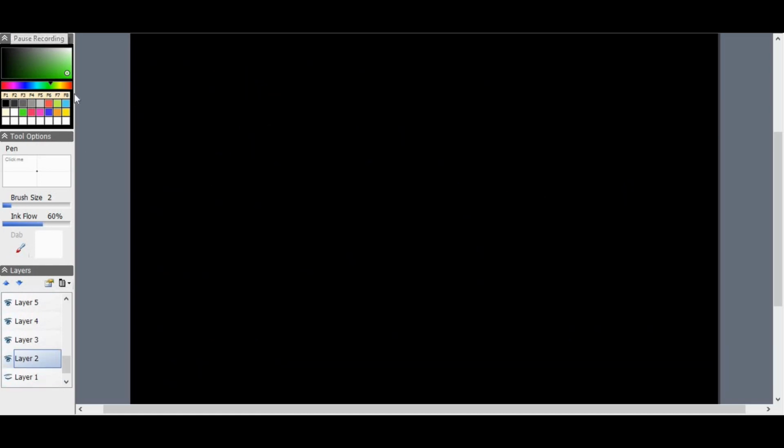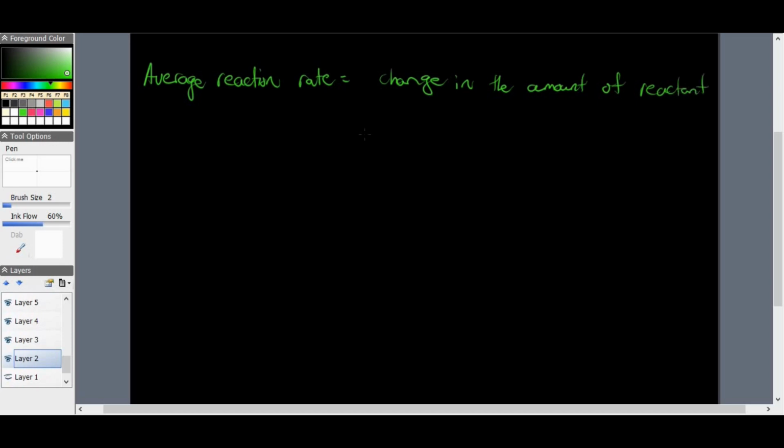So the formula for calculating the average reaction rate is equal to the change in the amount of reactant or reactants, all divided by the time of reaction, which is basically equal to the change in n, the amount of reactant, divided by the change in time.